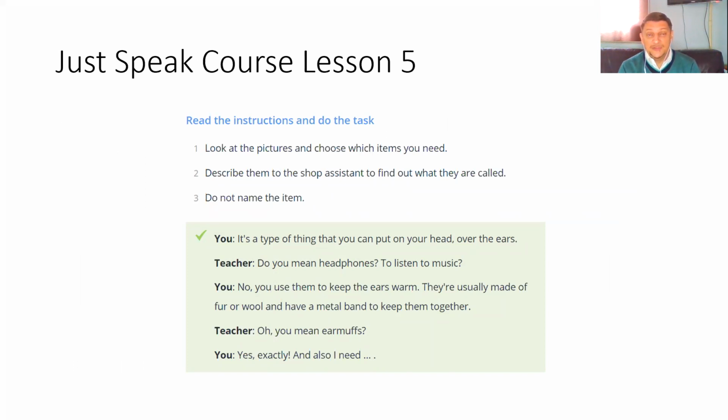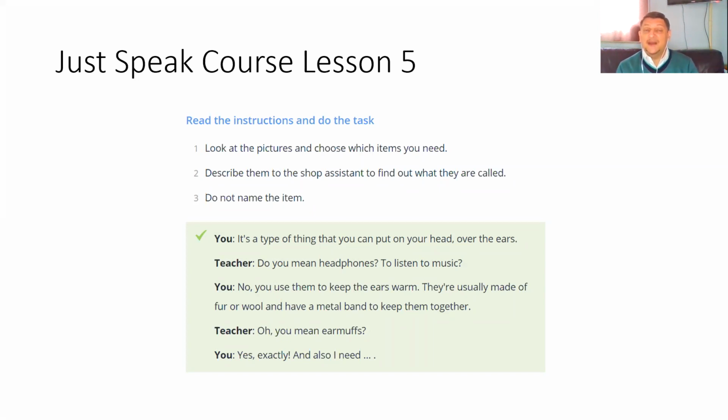This lesson is about shopping. So the students need to look at the pictures and choose which items they need to buy. And in this case, we tell the students that sometimes you don't really remember what something is called, but you can describe this object to let your partner understand what we are talking about.